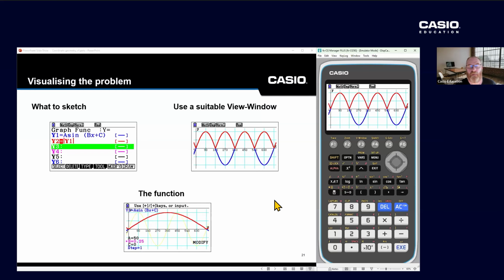However, if you want to extend this to the rest of the function, what you can do is realize that if I'm going from 0 to 720, that is a scale factor of 4, so that my value of, sorry, not A, B, get it right, needs to be 0.25.